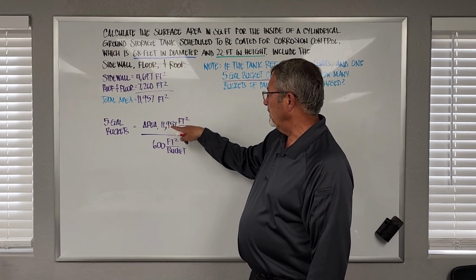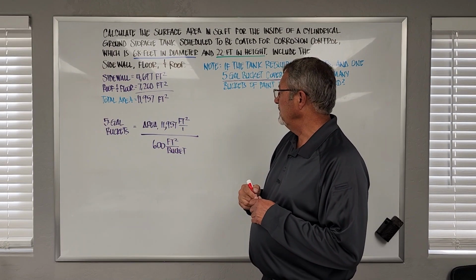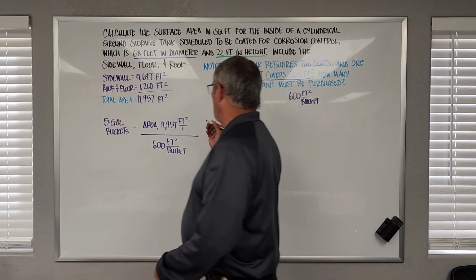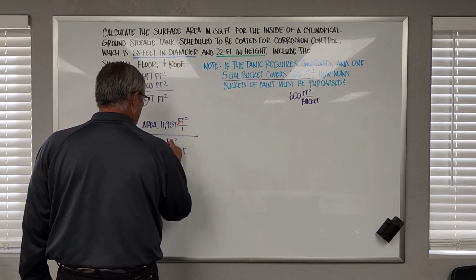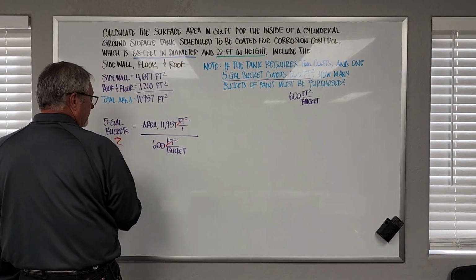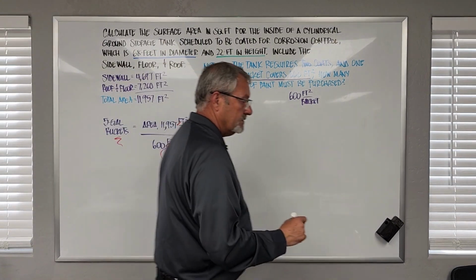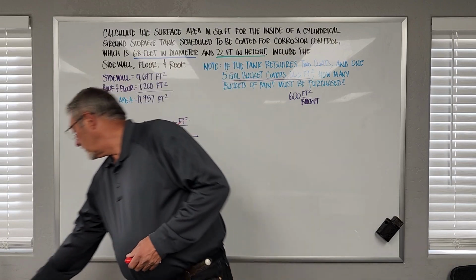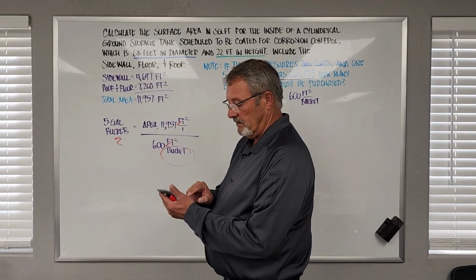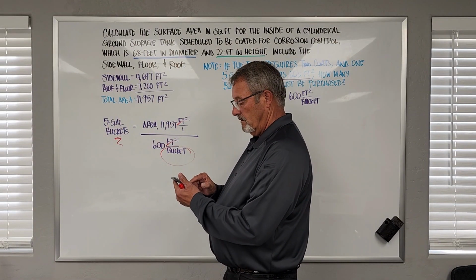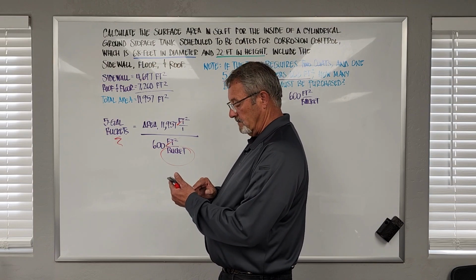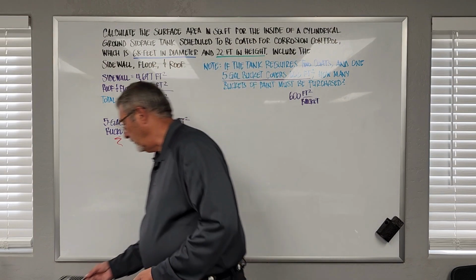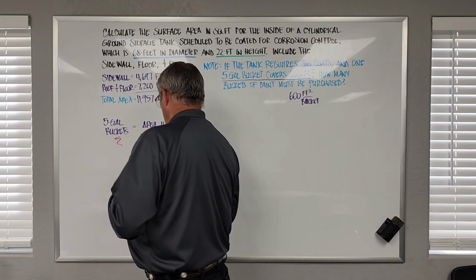We know our total area, 11,957 square feet. I could cross cancel out square footage here, and I'm left with buckets. So let's take that 11,957, divide that by 600, and that's going to give me 19.9.